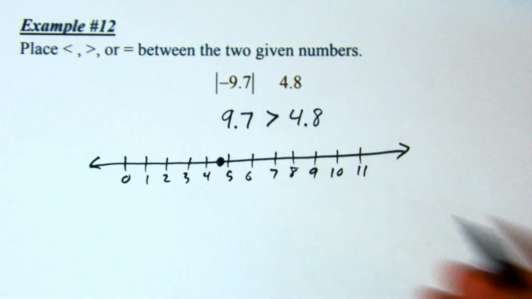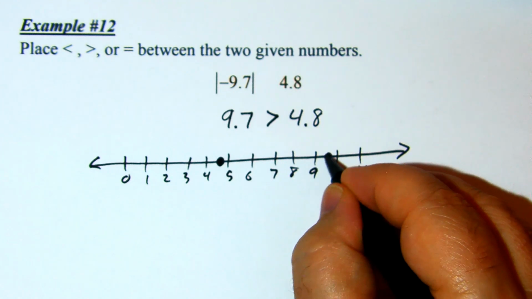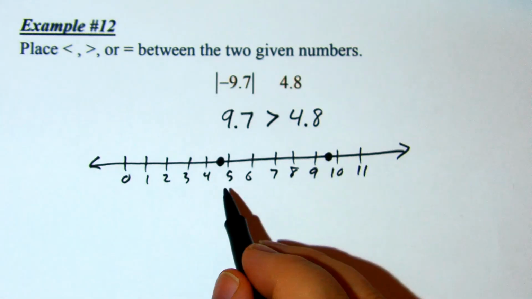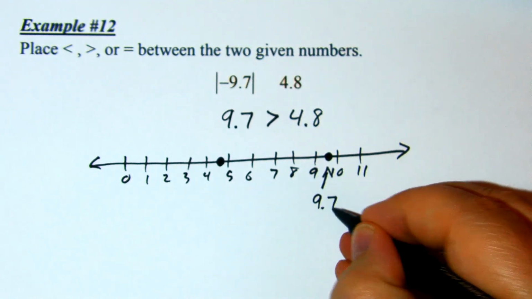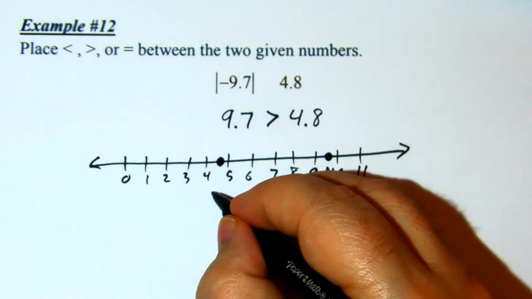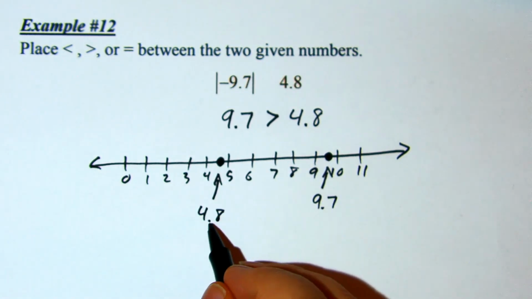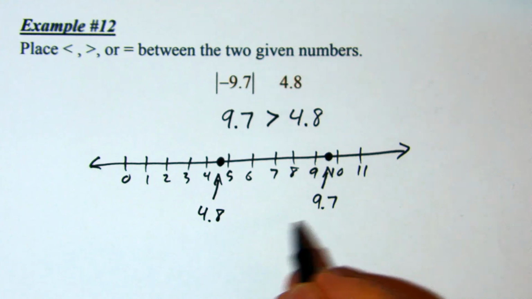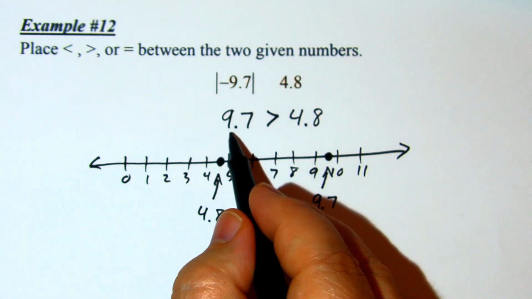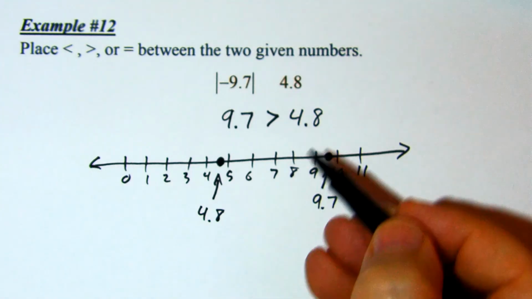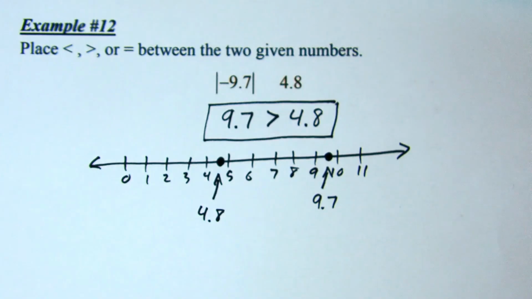So I'll put it about there. 9.7 is just this side of 10. And I can see that this number, 9.7, compared to this number, 4.8, that I can either say that 4.8 is less than, because it's to the left of 9.7, or in the order that's given, the 9.7 is greater than the 4.8. So that confirms that this is our final answer.